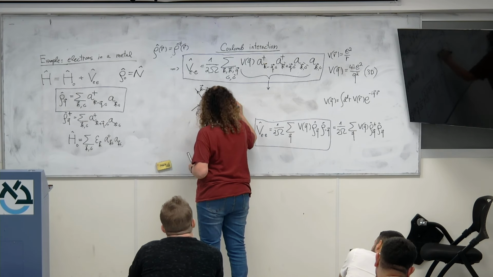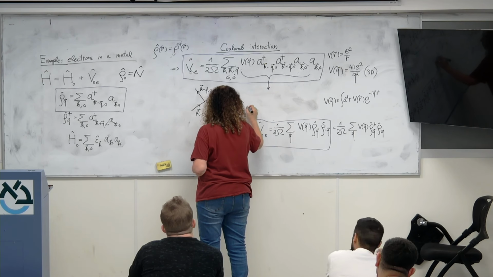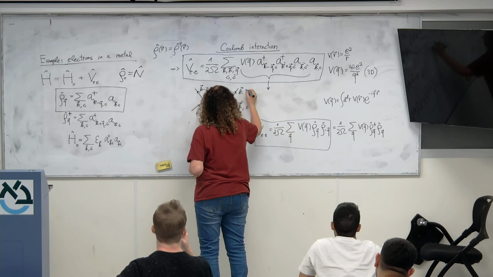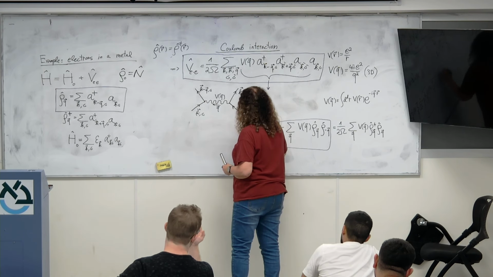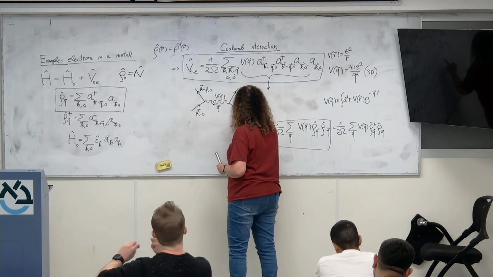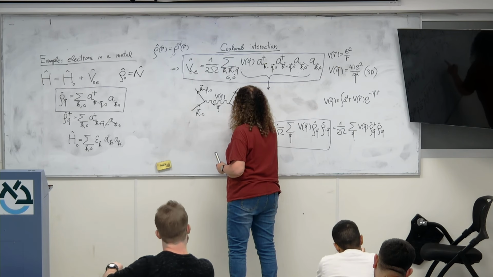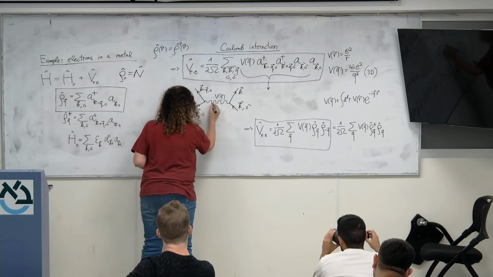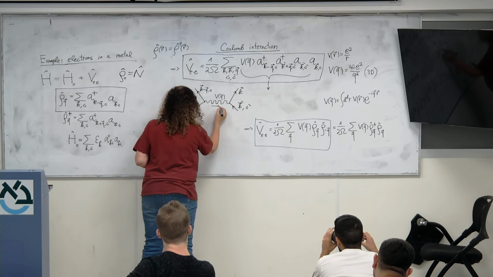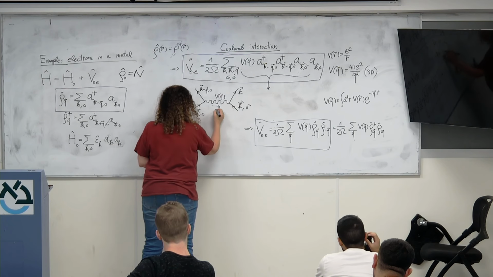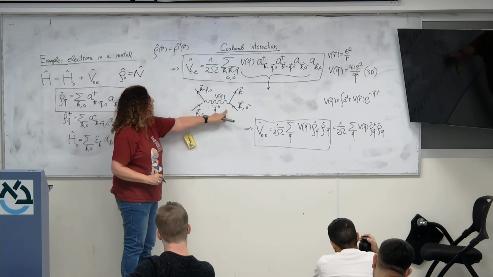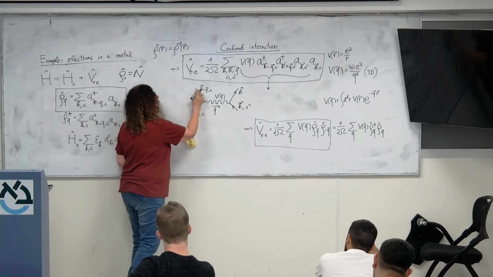And let me just complete the diagram. Here you have k prime and sigma prime, and it comes out as k prime. Wait, no, something is wrong. Sorry, the direction of the arrow. This is the correct direction. Because you emit a particle with q, it becomes k minus q.